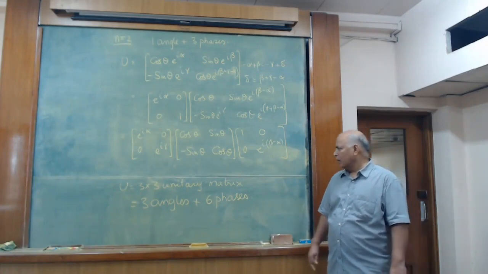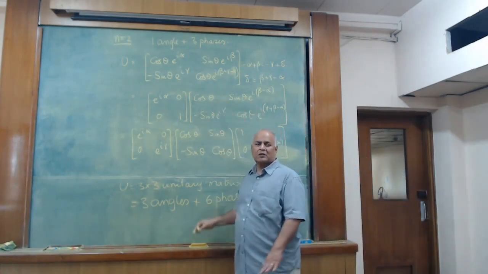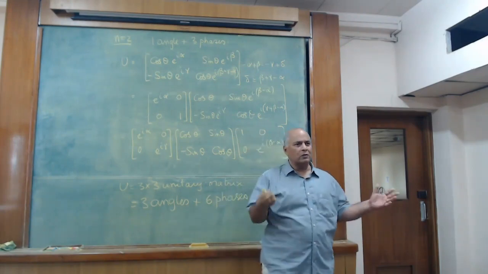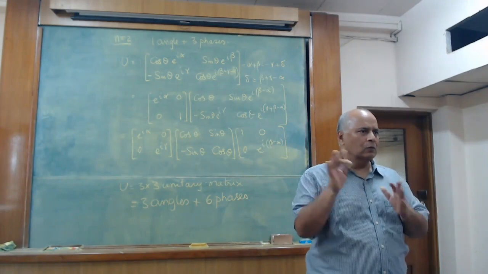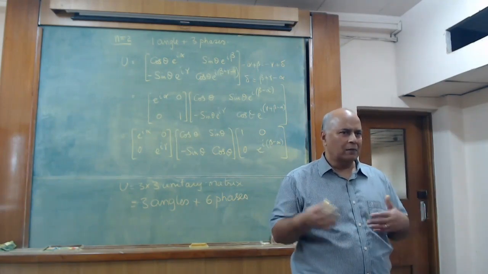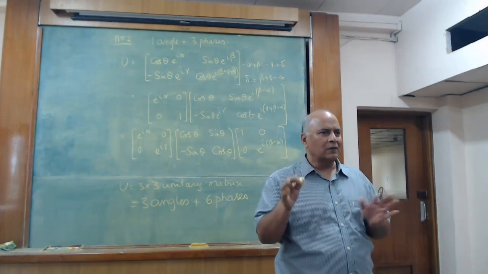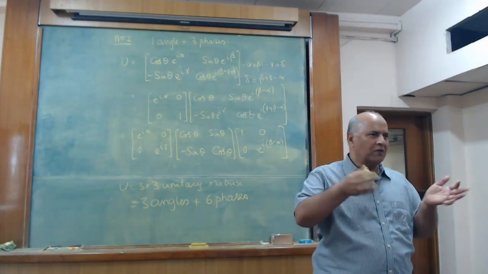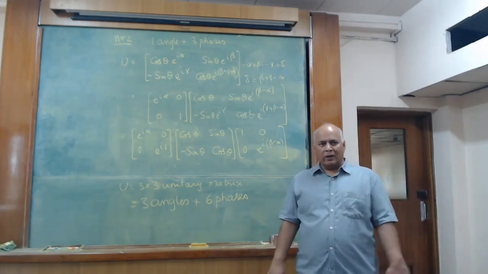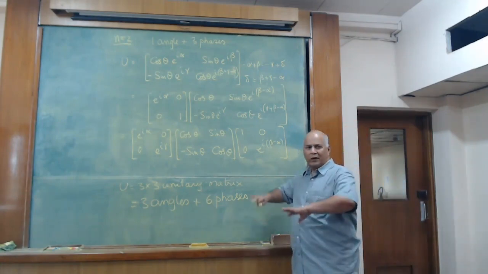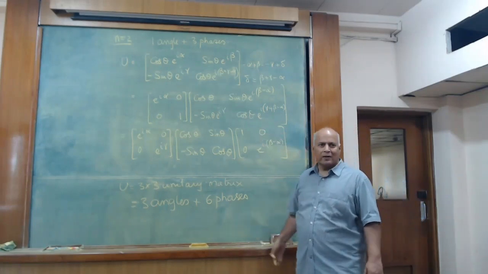Of course, distributing these 6 phases among the 9 elements in a way to satisfy unitarity, you need to do a little bit of algebra. It's not very straightforward, but if you struggle with it for some half an hour or so, you will find you can do that. But we don't need to do all that to understand the argument.